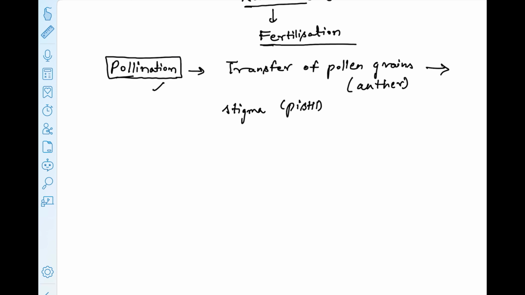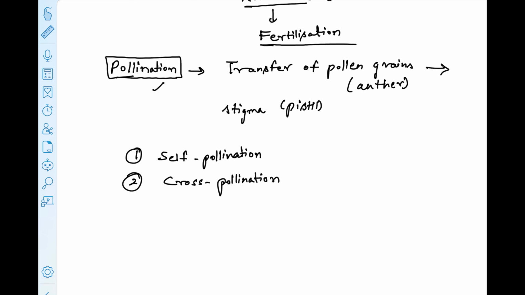So in plants, pollination is basically of two types. First one is self-pollination and second one is cross-pollination. In self-pollination, the same plant is involved, and transfer of pollen grains from anther to stigma of the same flower or another flower of the same plant takes place.